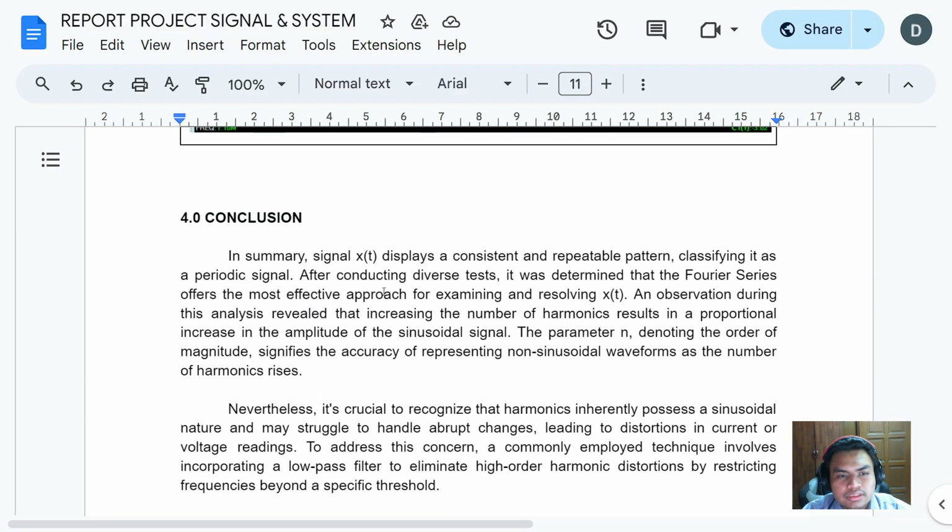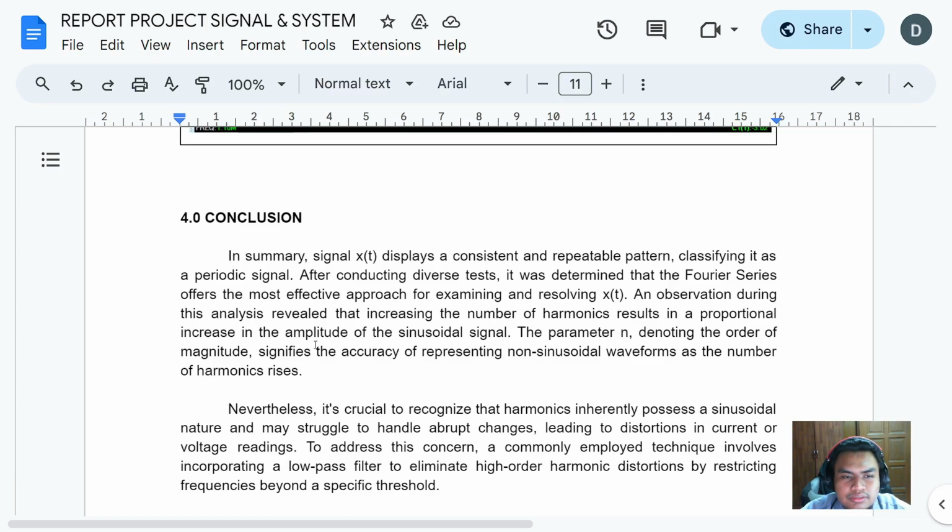So for the conclusion, in summary, signal ST displays a consistent and repeatable pattern, classifying it as a periodic signal. After conducting diverse tests, it was determined that the Fourier series offers the most effective approach for examining and resolving.